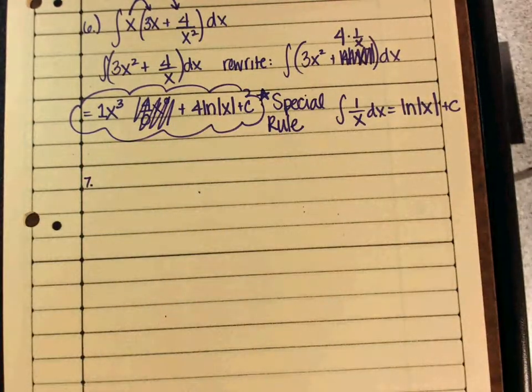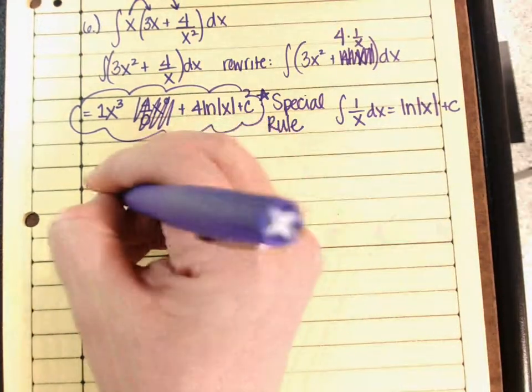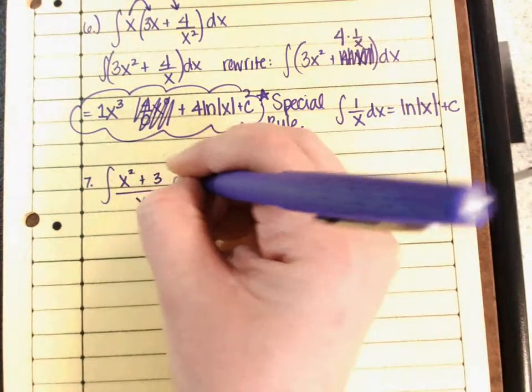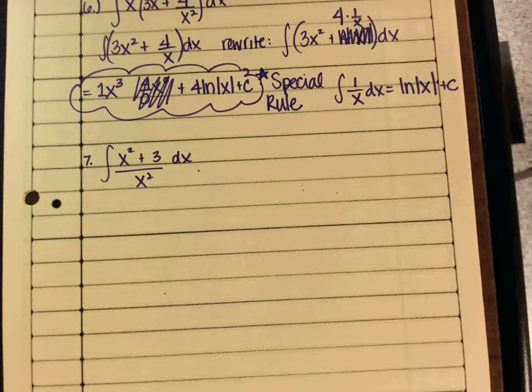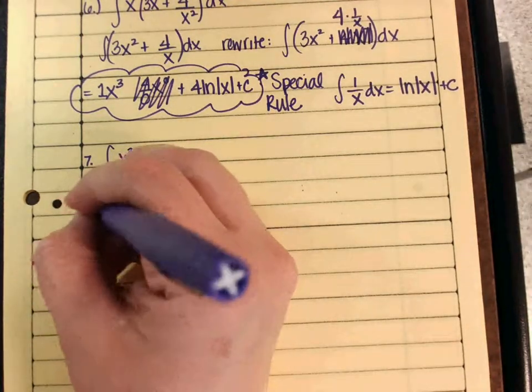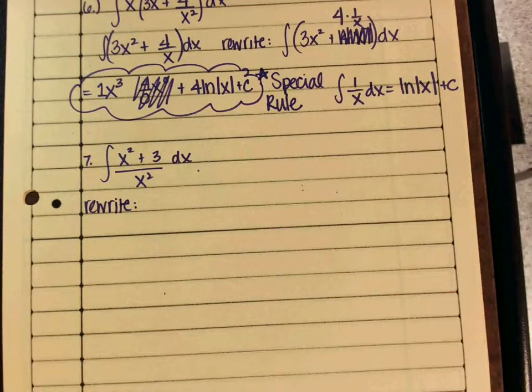Alright, I think we have 2 more kind of like that. Next one, the integral of x squared plus 3 over x squared dx. Okay, no quotient rule for antiderivatives. Okay, what could we do to rewrite this? What strategies do we remember? Remember, you can separate them.